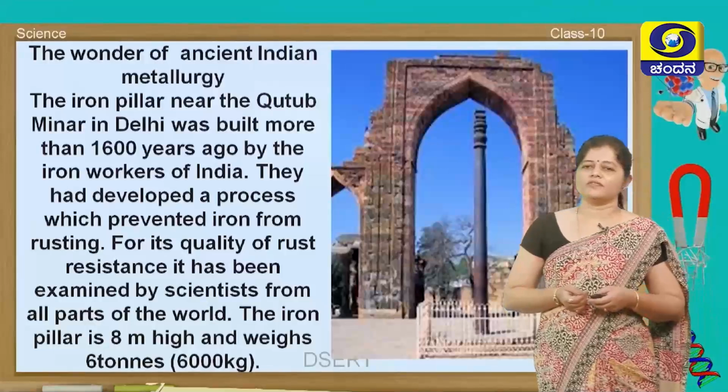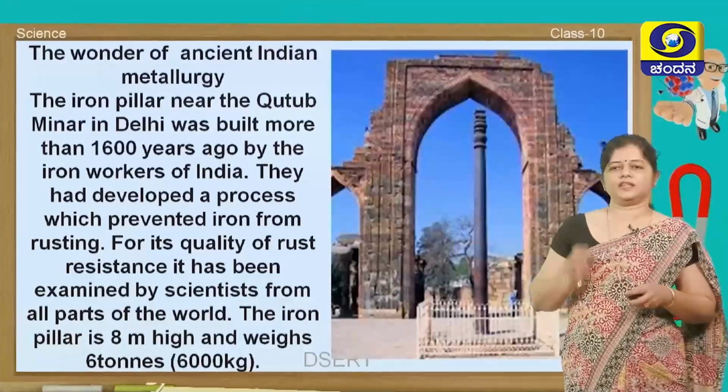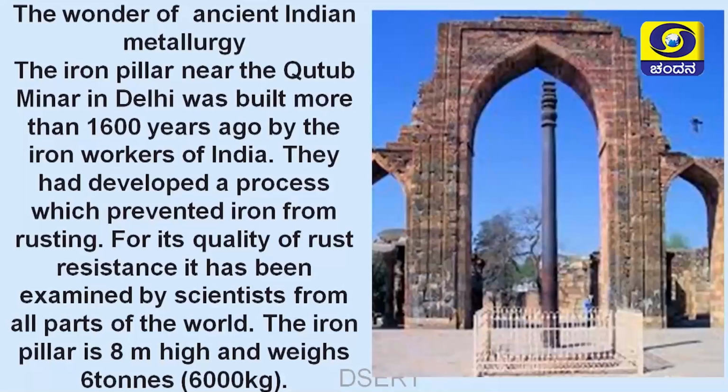This is one of the most famous pillars, near the Qutub Minar in Delhi. If you know the Qutub Minar, which is in Delhi, in this Qutub Minar there is one iron pillar. This was built more than 1600 years ago by the iron workers of India. They had developed a process which prevented iron from rusting.